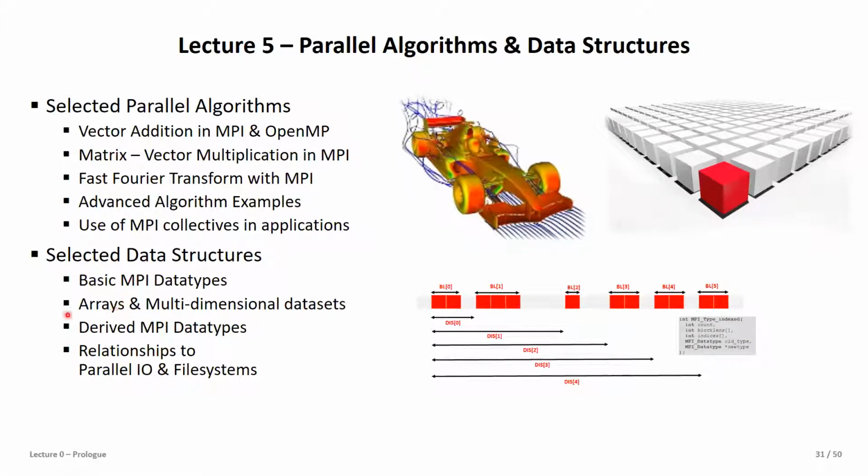And then from this, derived MPI data types, which you see alluded to here, are interesting complex data types, which enable you to have message exchanges in a regular fashion as a new data type. With this, you are not bound to the primitive data types you usually have in programming, so it makes things better from the code point of view.